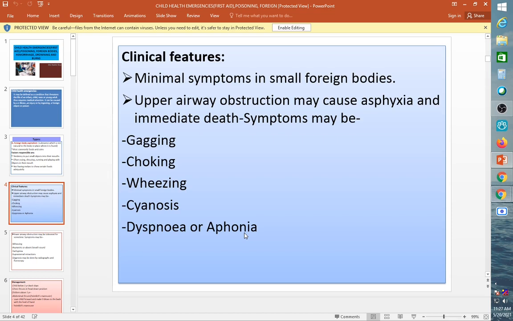Phonia is sound. So with this, there is absence of sound; the child cannot make any sound because of the obstruction with the foreign body. Do you get it? So gagging, choking, wheezing, cyanosis, I don't have to explain, but this aphonia means absence of sound, the child cannot make any sound.